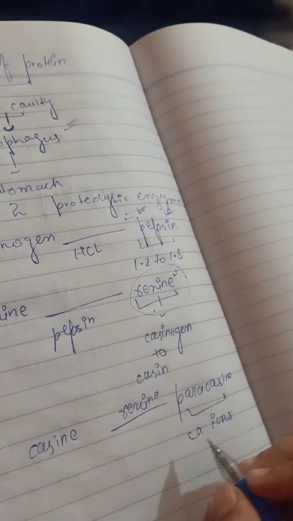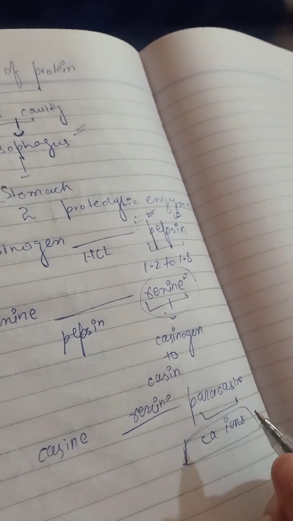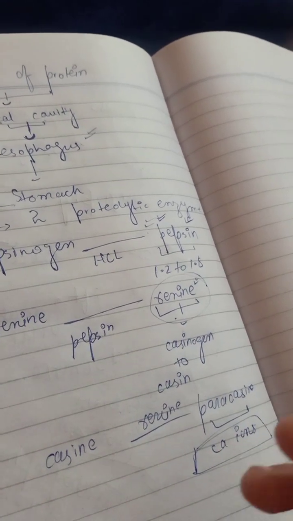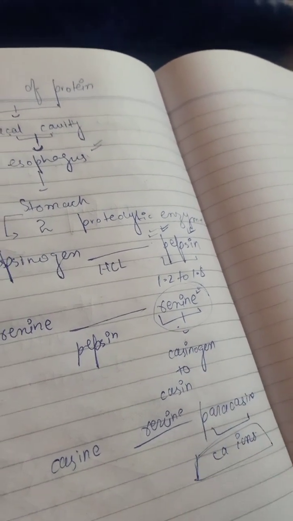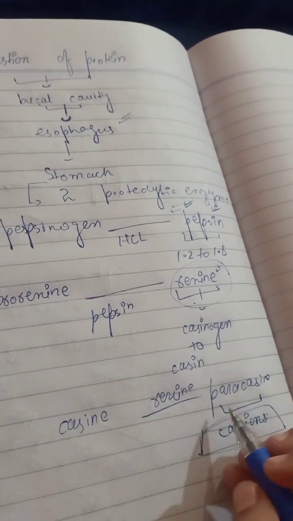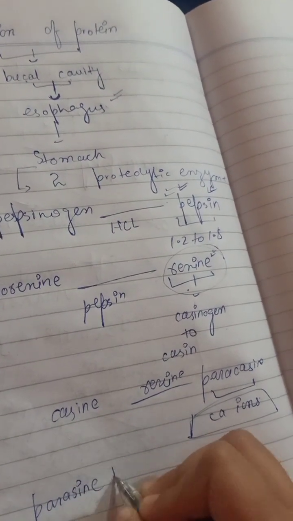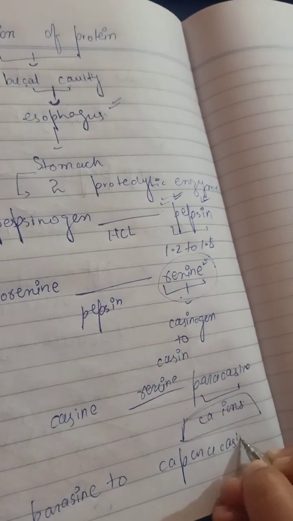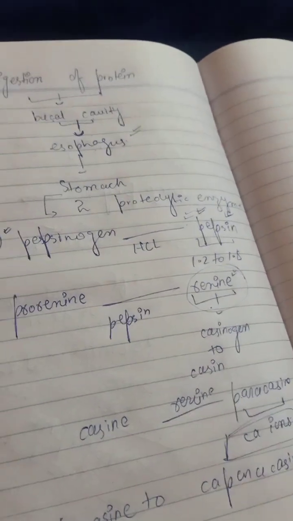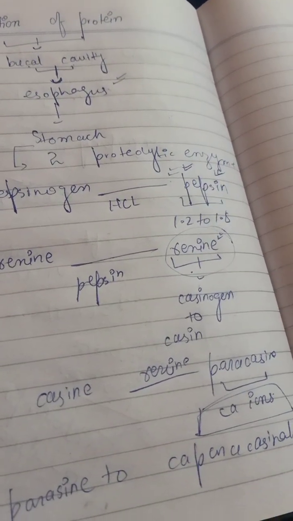If it does not react with the calcium ions, then as we have discussed in the coagulation process, coagulation will not occur. Okay, then this paracasein will convert into calcium paracaseinate. Okay, these are the conversions with the help of the enzymes.